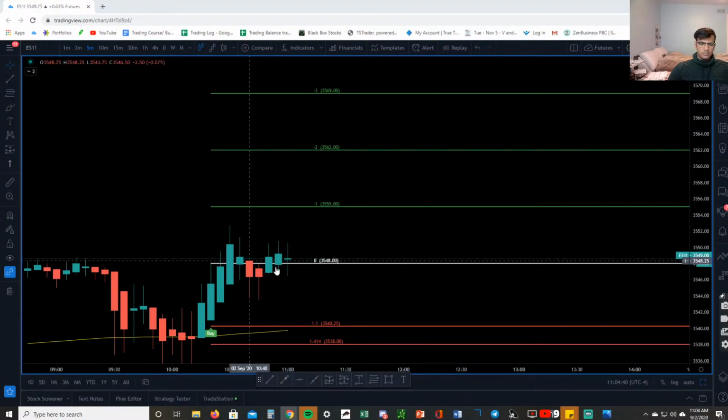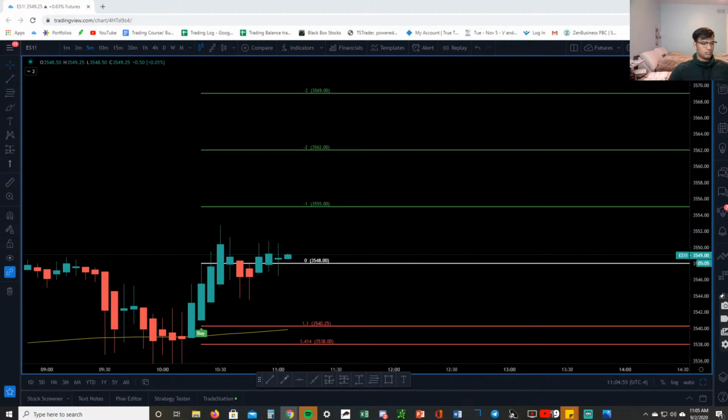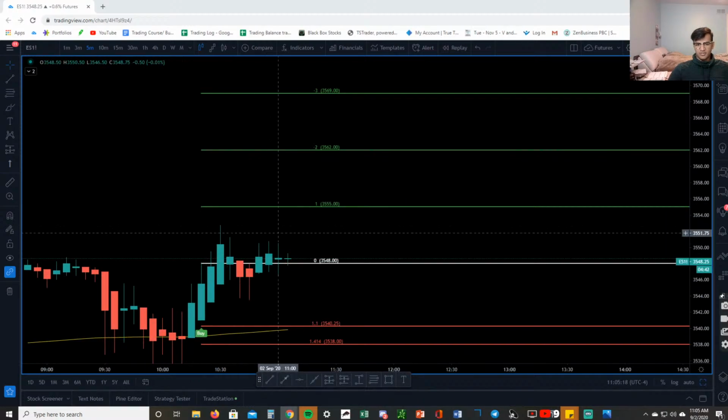Right now I have some time on my hands because I just gotta wait for this chop to finish and then wait for its move to continue. Yeah, man, I said it was gonna get choppy before, and it's just getting choppy right now.